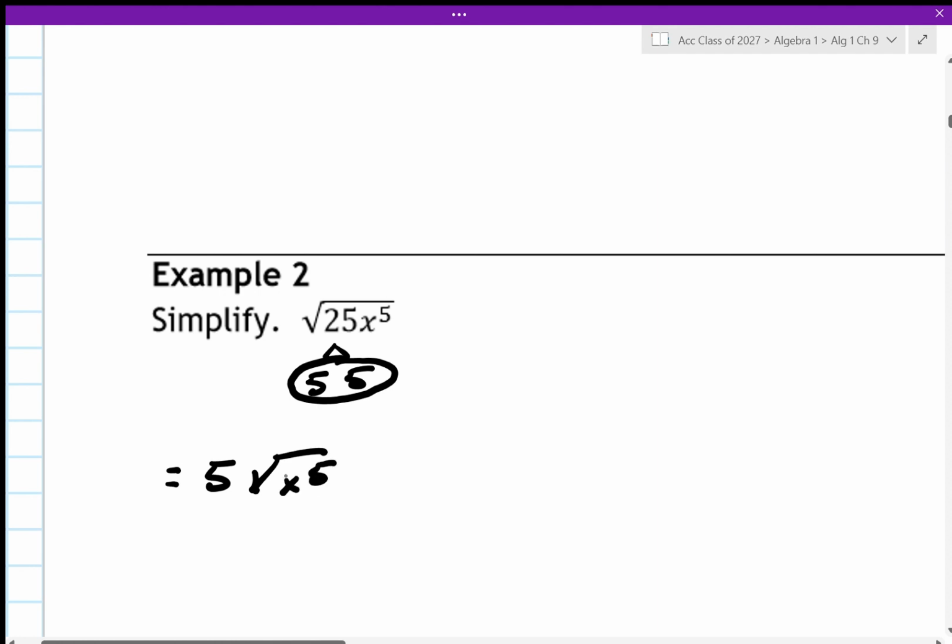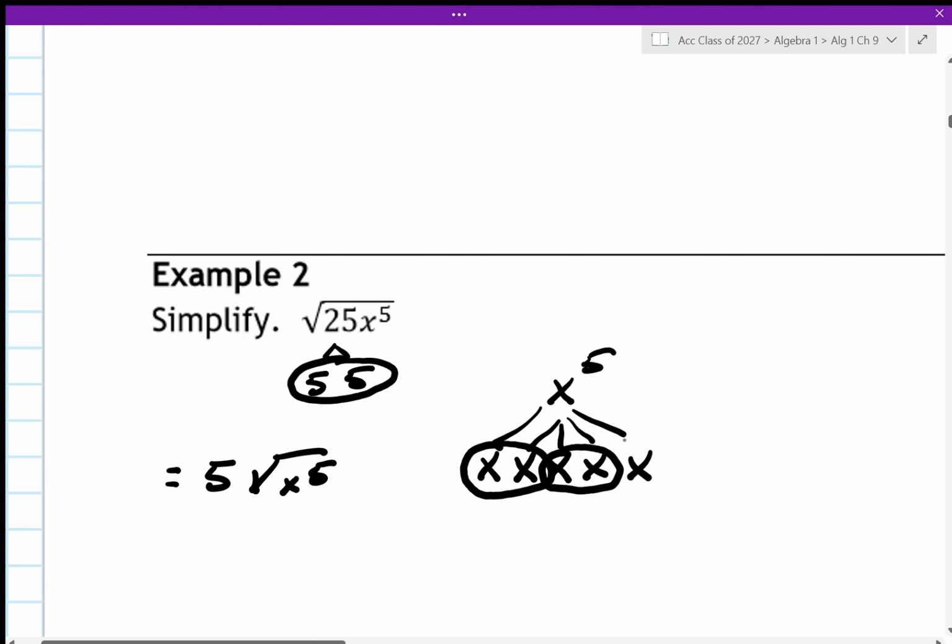In the beginning, whenever we're doing these, I think about that x to the 5th, and I'm going to write it out. I've got 1, 2, 3, 4, 5 different x's. Just like whenever I make my factor tree, so here's my x to the 5th, it broke apart to be all of these, right? I circle my pairs. I have 2 pairs and then a singleton.